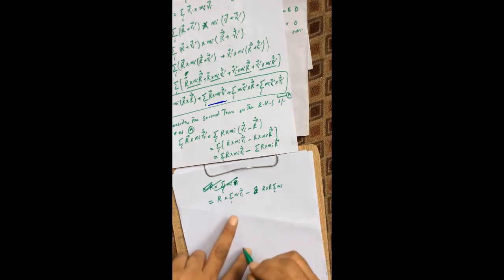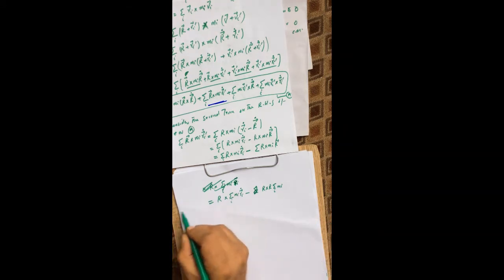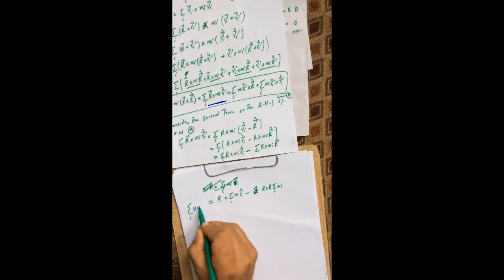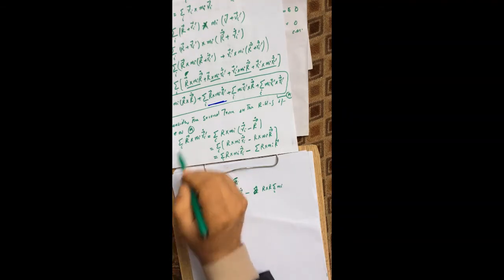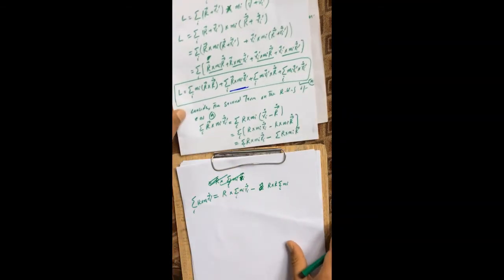Now we know that this is from the second term, which is sum over I r cross mi ri prime dot, is this one. Okay.